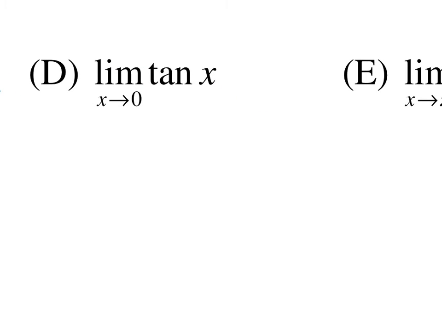How about this? The limit as x approaches 0 of tangent. 0 or does not exist? 0 or undefined? Okay? Got to remember how your tangent's oriented. Where are the asymptotes on tangent? Tangent is y over x.